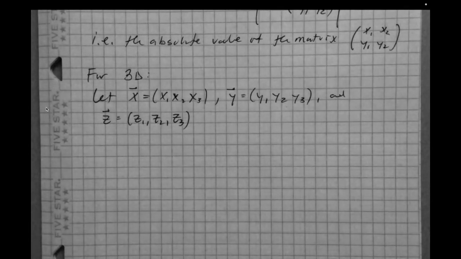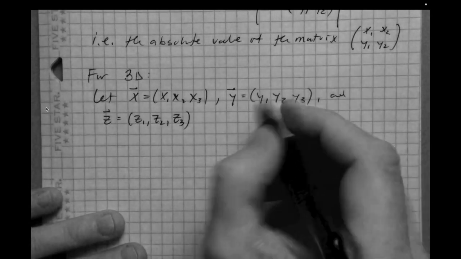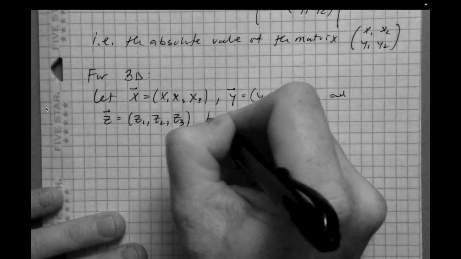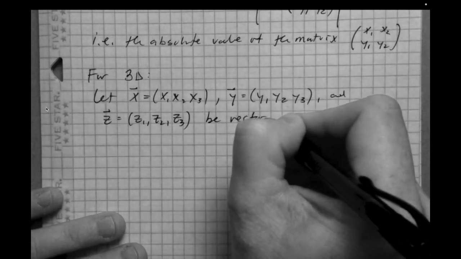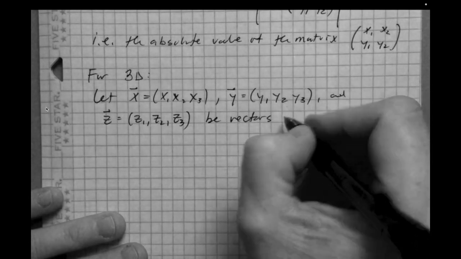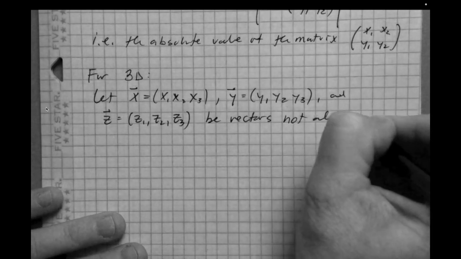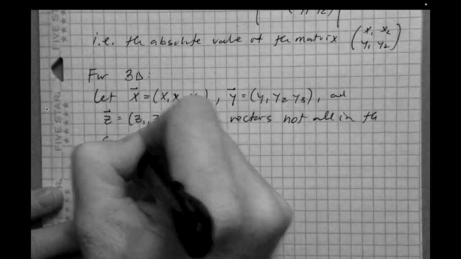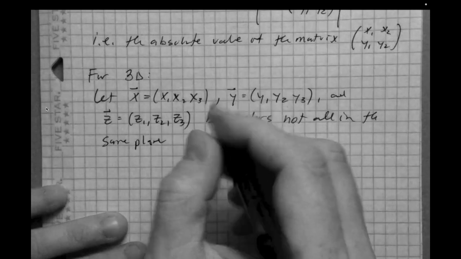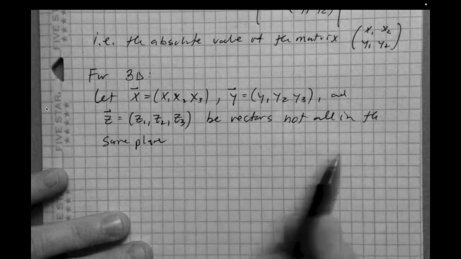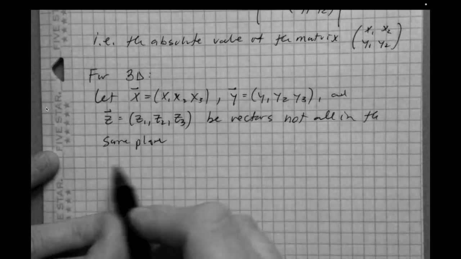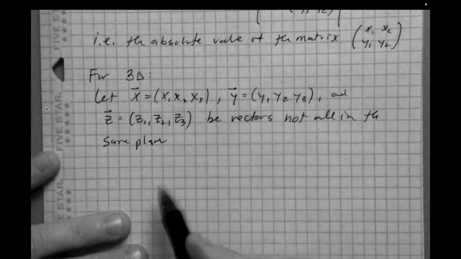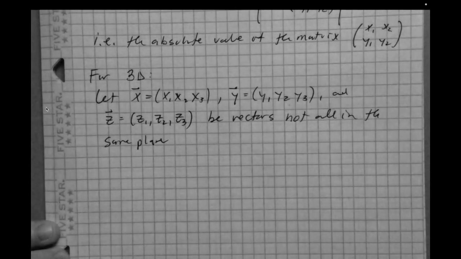Those are the three vectors required for three-dimensional space. So let these be vectors not all in the same plane. I was going to say non-parallel, but not all in the same plane means they're non-parallel as well.